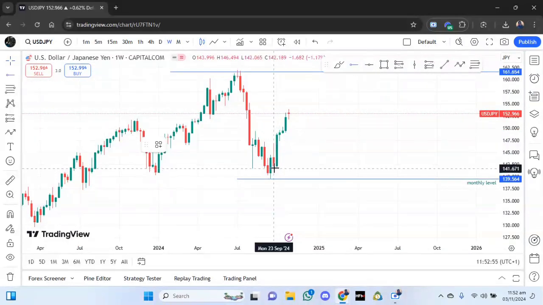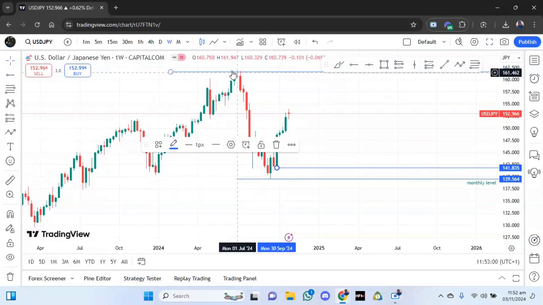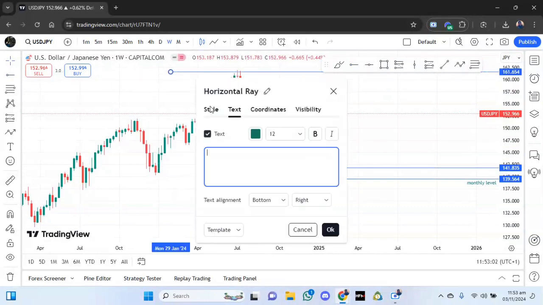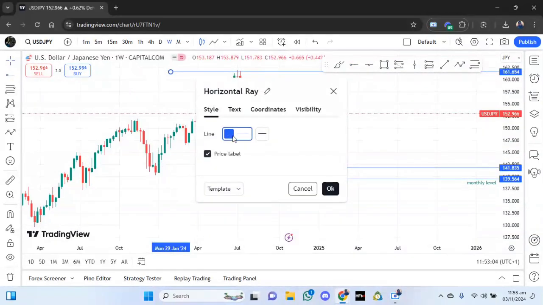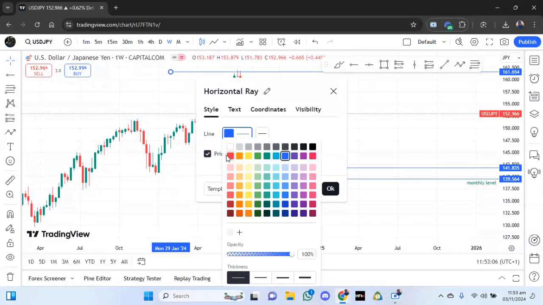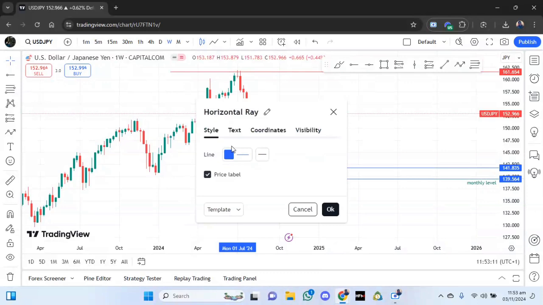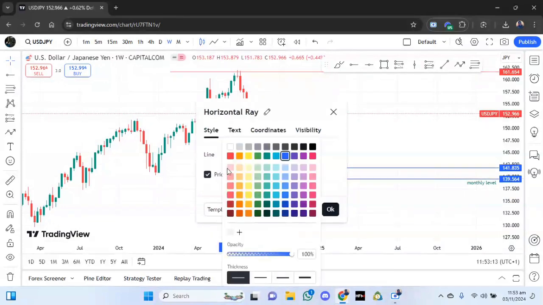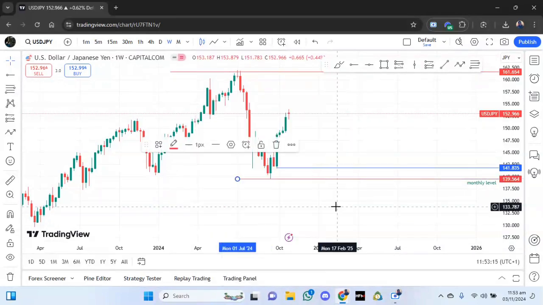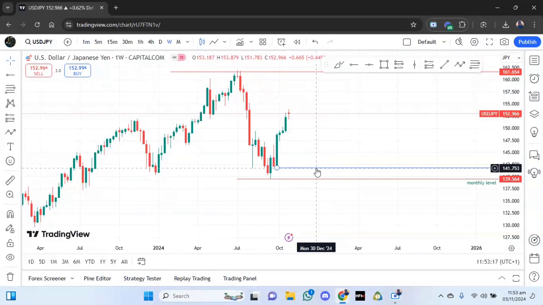So we can make the weekly to be, you know what, let's make our monthly levels red. So when we see red, we know that this is a level we definitely want to watch. So I'm going to make it red, and I'm going to make this red also. And then our weekly levels are going to be blue.